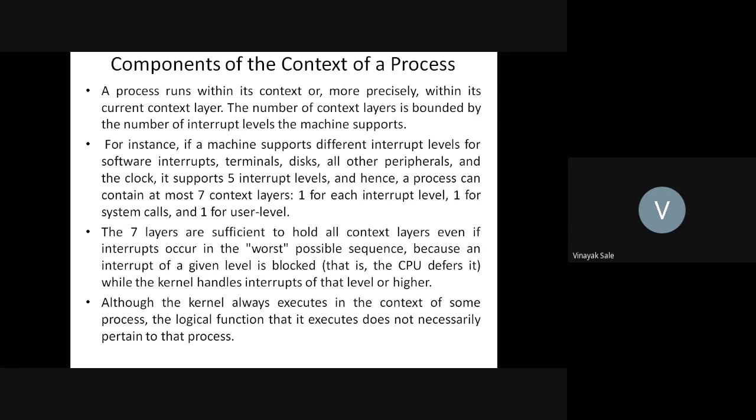The 7 layers are sufficient to hold all the context layers even if interrupts occur in the worst possible sequence, because an interrupt of a given level is blocked while the kernel handles interrupts of that level or higher.